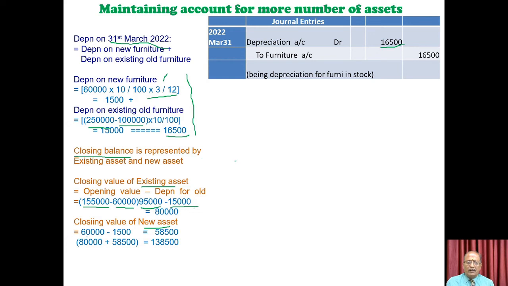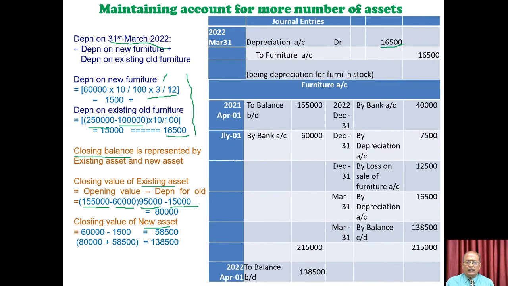So let us see once again the complete ledger account. See, up to this level we have seen already in the previous slide. This one and this one we are seeing workings in this page.